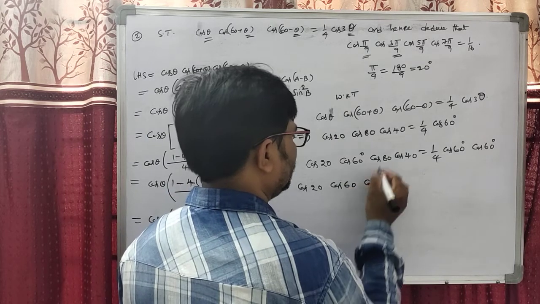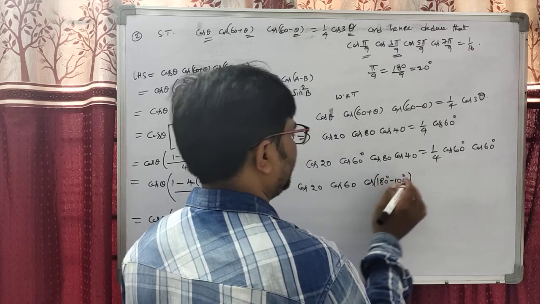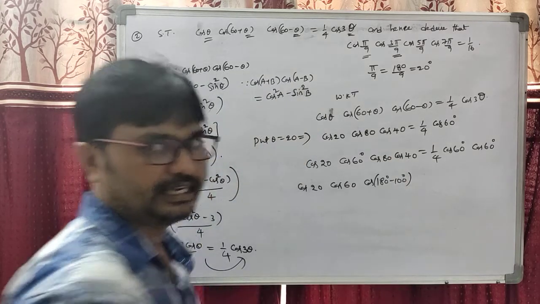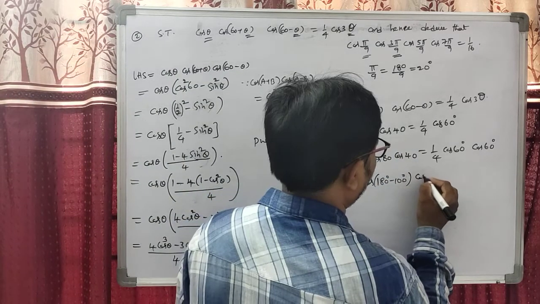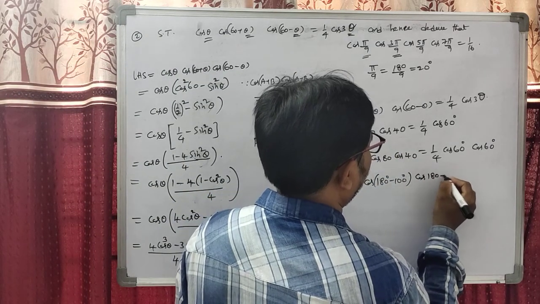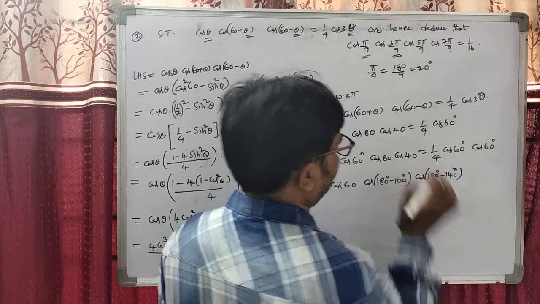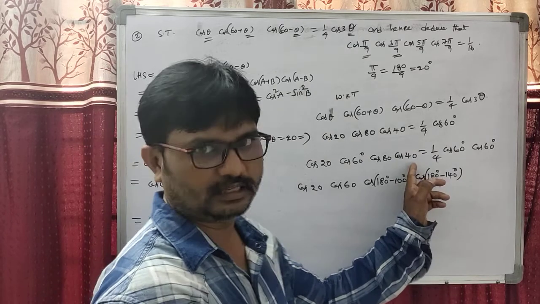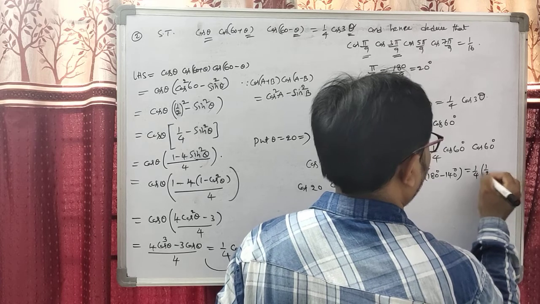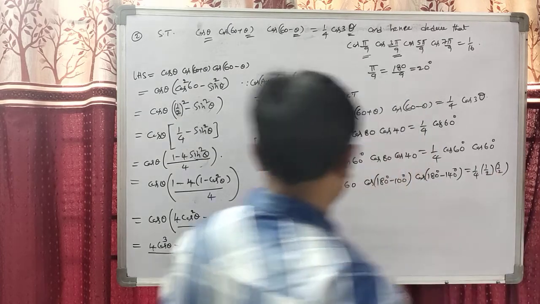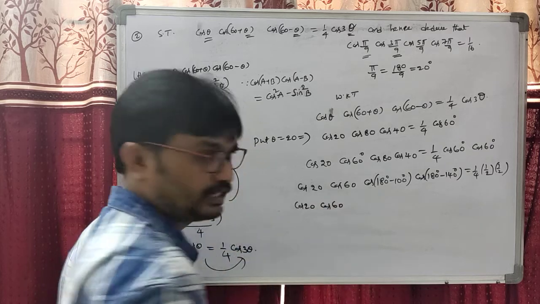Cos of 100 is cos of 180 minus 80, and 180 minus 100 is 80. Cos of 140 is cos of 180 minus 40, and 180 minus 140 is 40. Now students, this is 1 by 4, 1 by 2 into 1 by 2, cos of 20, cos of 60.